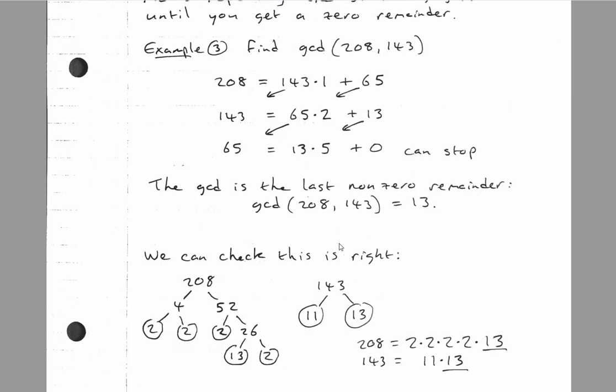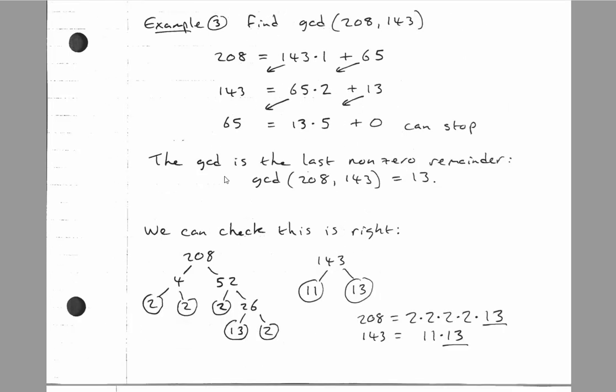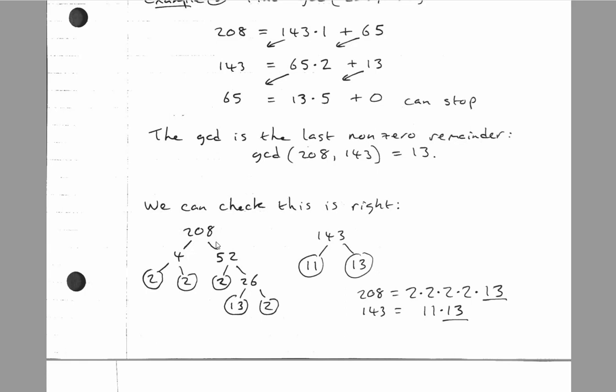And just to double check, if you break up 208, it has these factors: 2 times 2 times 2 times 2 times 13. For 143, you could start dividing by primes. You have to get to 11. It's 11 times 13.